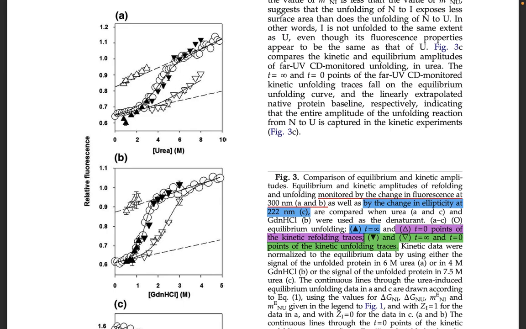So just one rule: inverted triangles are the result of unfolding traces, meaning the protein will remain in unfolded conformation, and the final signal at t equal to infinity is equilibrated and shows like this. This is for the refolding, meaning the protein will remain native, so they fall on the native baseline only.